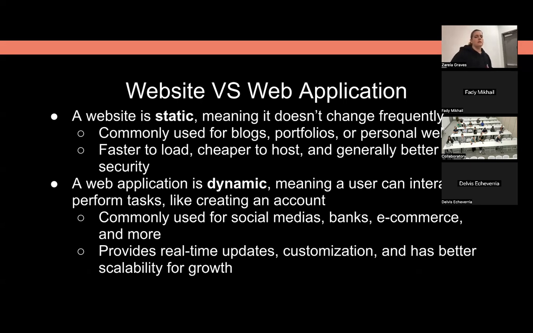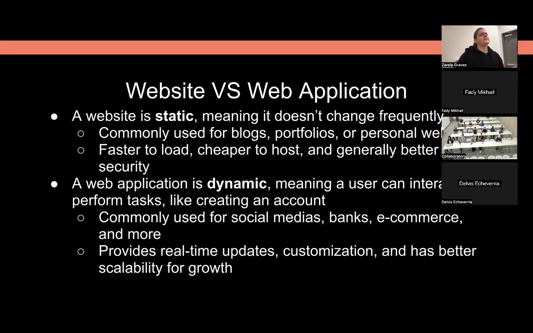So there is a website versus a web application. A website is a static site that doesn't frequently change. When I was taught what a website versus a web application is, I was told that with a website the user cannot input anything, they can't write anything, there's no database connected to it.